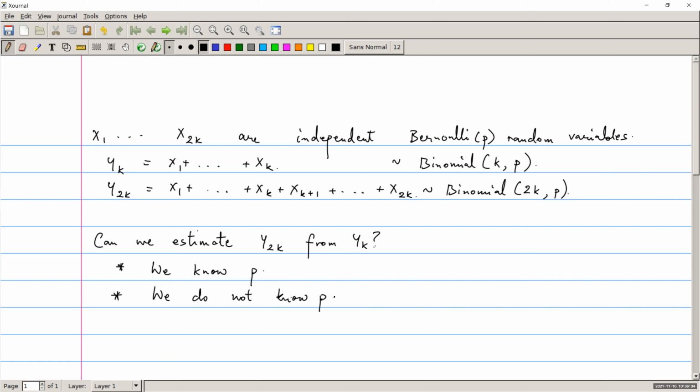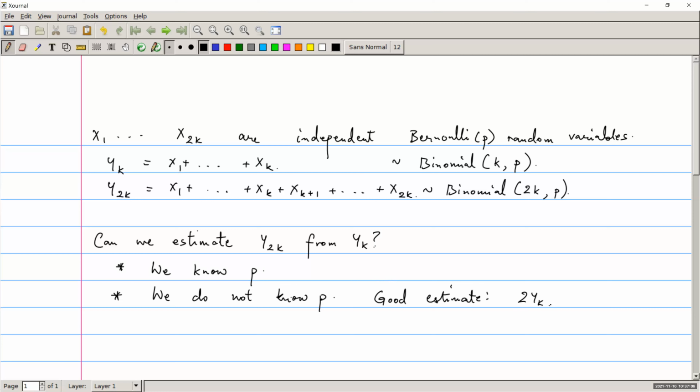There are many variations we can make by playing around with this setup. One very interesting answer was that when we do not know p, a good estimate for Y2k from Yk is 2 times Yk.